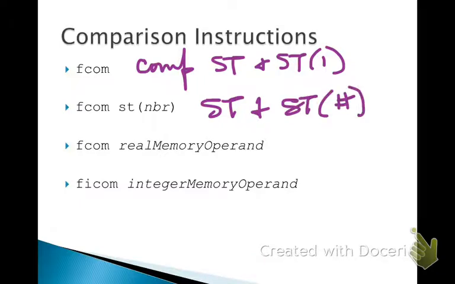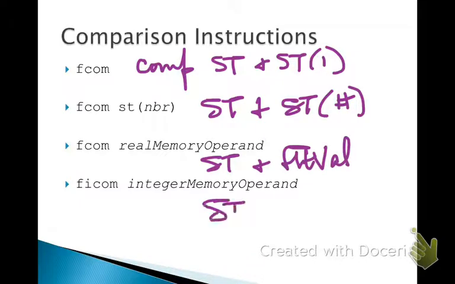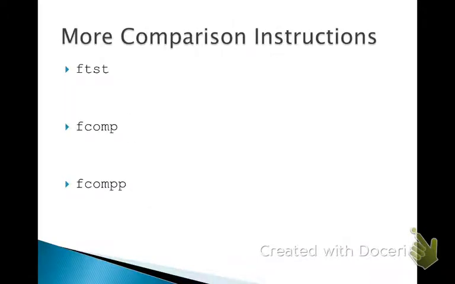This one is going to compare stack top and the floating point value stored in memory, and this will compare stack top and the integer value stored in memory location to be indicated by you. Each one of these, again, will do a subtraction, that's what a comparison is, and then set those bits according to the diagram that we just drew.